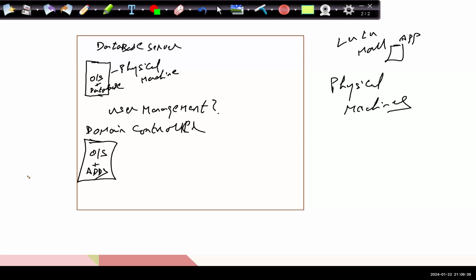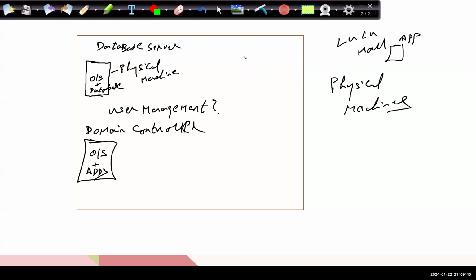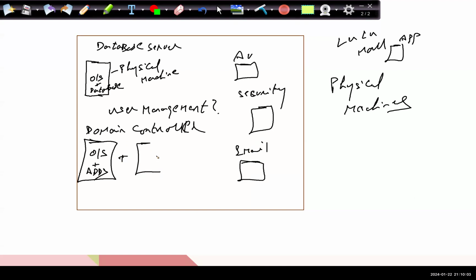So I have got the second machine. Like that, we might require many other machines, right? Antivirus, security, email system. Like that, I might need multiple domain controllers, might need multiple Oracle machines, right?